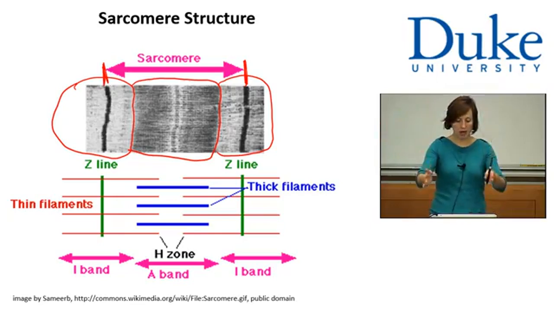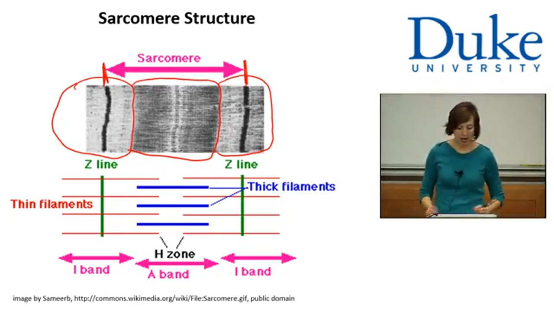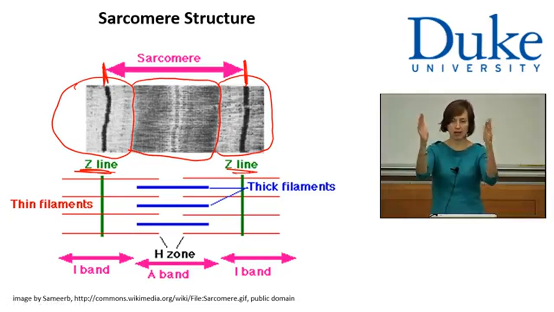Then below that image, we can see what are the fibers or the filaments that are causing that pattern, where we have these Z lines, which are the ends of the sarcomere. They determine the borders between the sarcomeres.